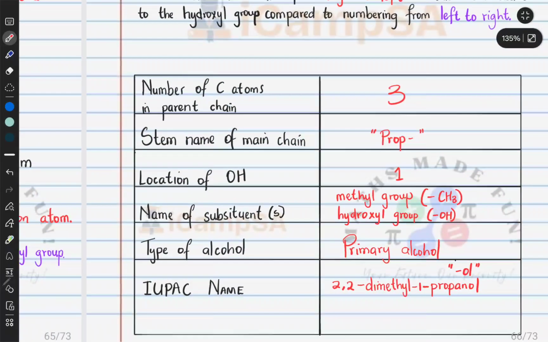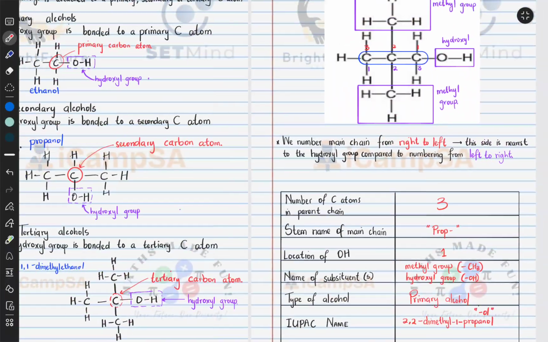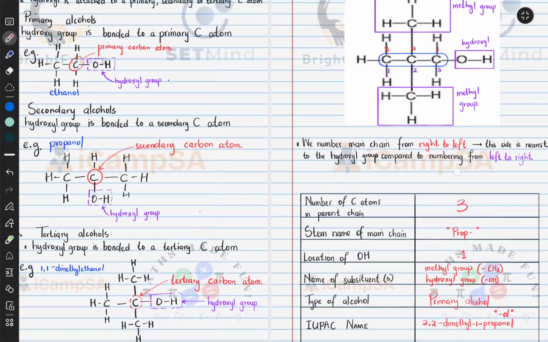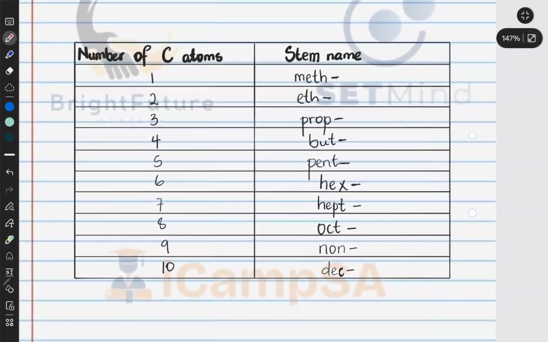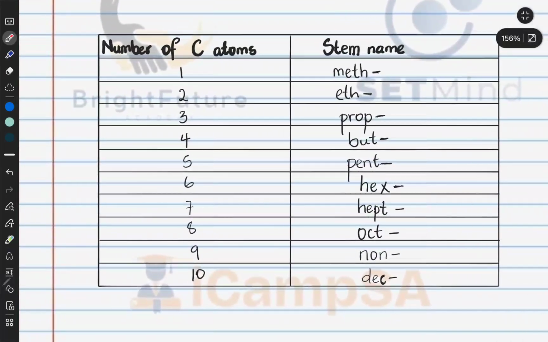So what that means is, let's just check our stem names, and let's just remind ourselves on how they work, right? If you remember, we said if there's 1 carbon atom, that stem name will be meth, and then what happens after is dependent on the homologous series.